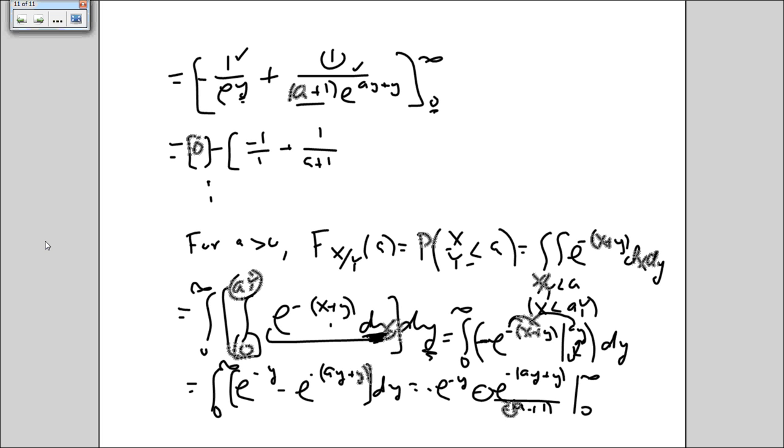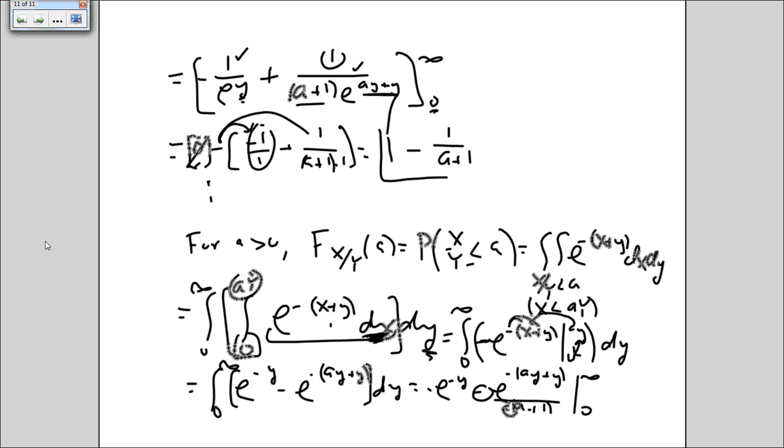And now you plug in 0. You get 0 as a power. E to the 0 is 1. Times by 1 doesn't do anything. The 0 doesn't matter. This is negative 1. You take away negative 1, you get 1. Minus that. Minus 1 over a plus 1.